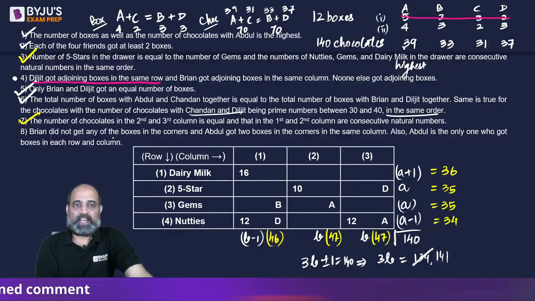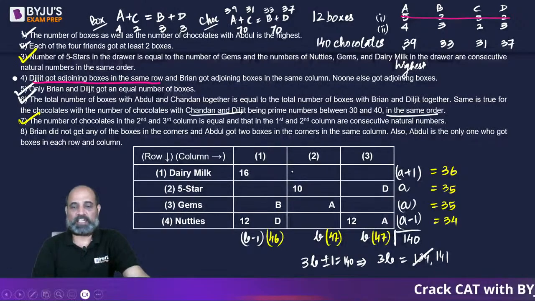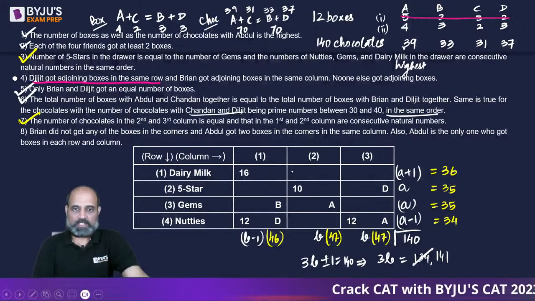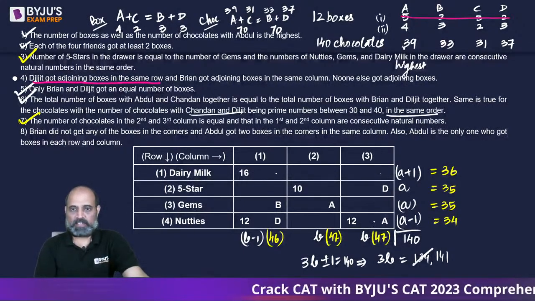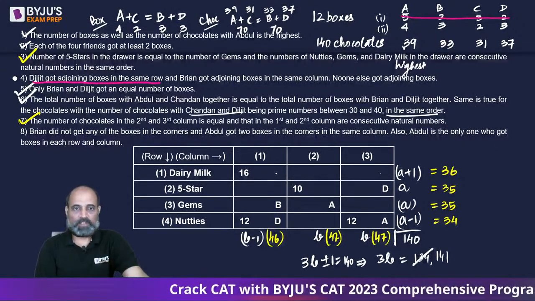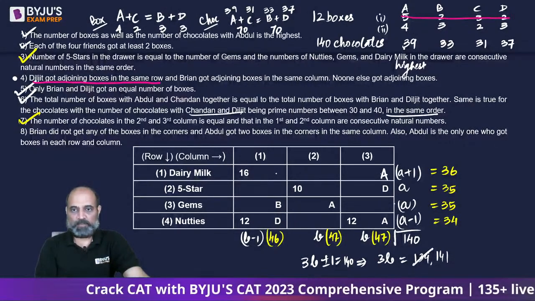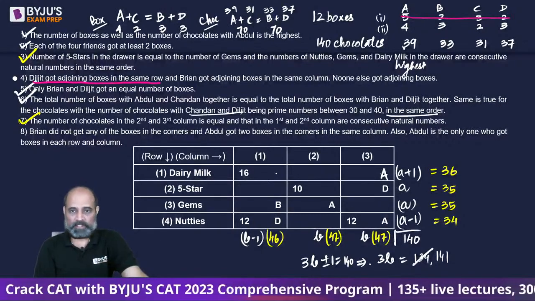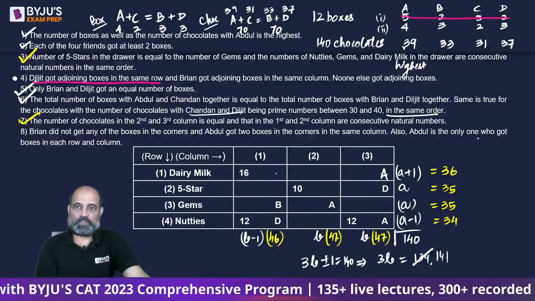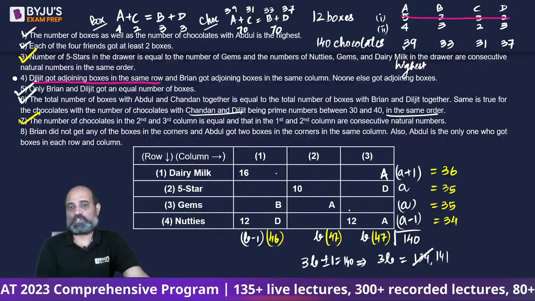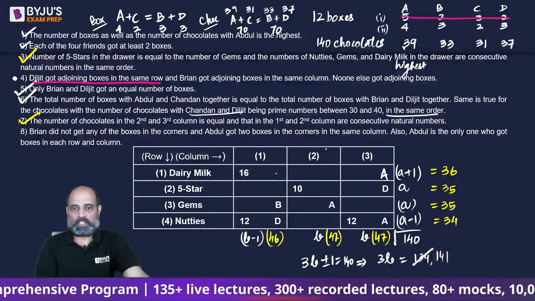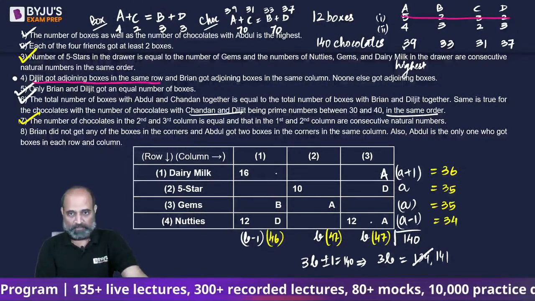Right. Brian did not get any of the boxes in the corners. And Abdul got 2 boxes in the corners in the same column. See, it should come on corners. Same column, right? So this is the only place we can put Abdul. So A will go there. Also, Abdul is the only one who got boxes in each row and each column. So in the second column and third column, we have Abdul.